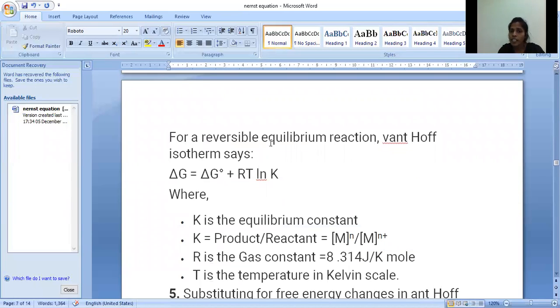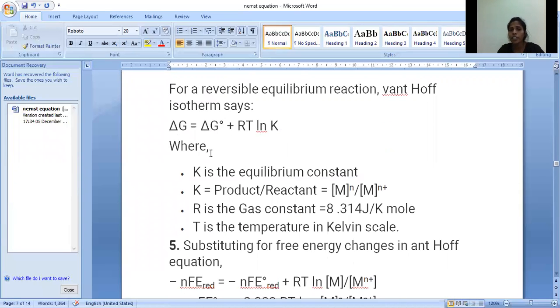So for a reversible equilibrium reaction, when we take the reaction to equilibrium conditions, van't Hoff isotherm says delta G is equal to delta G naught plus RT ln K. At equilibrium conditions, we can write K in place of Q. But before that, let us see what K is.